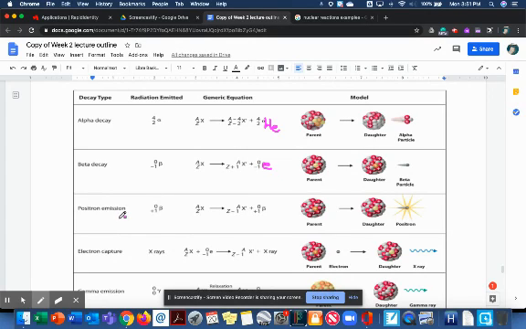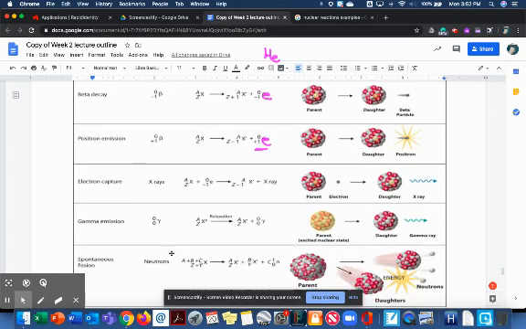Positron emission is, again, emission decay. That particle is given off. And so positron emission, again, we have one isotope, and it's giving off a positron. In that process, the mass number does not change, but the atomic number will go down by 1.